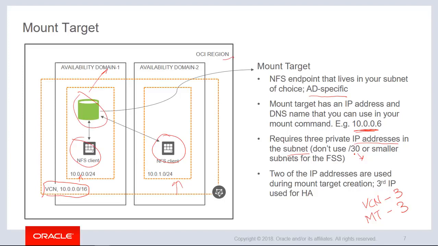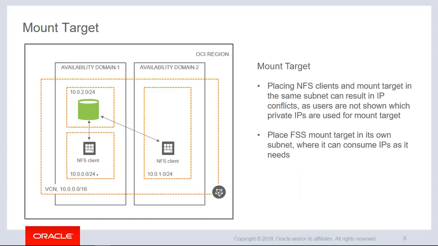Now there is another design consideration, which is to separate the subnets for the mount target and the NFS client. As you can see here, the mount target and the NFS client live in the same subnet, 10.0.0.0/24. That might not be a good idea. Let's look at why.